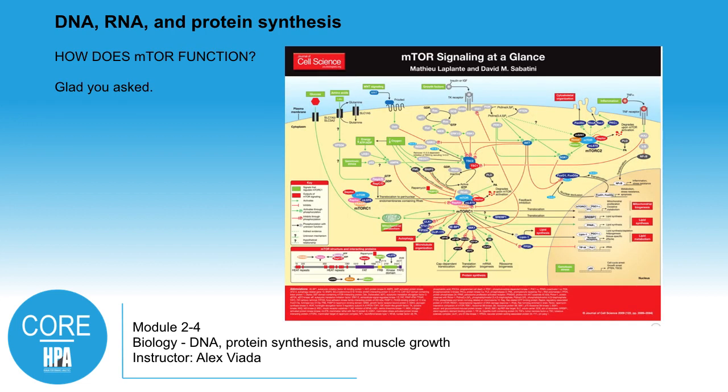Yeah, glad you asked. If this looks all but inscrutable, that is absolutely intentional. You can see mTOR1, located there in the middle, and you can see all the different systems that activate it and are activated by it. That is why this is so complicated. The muscle growth outcome is just one small portion of the arrows leading off of this complex.